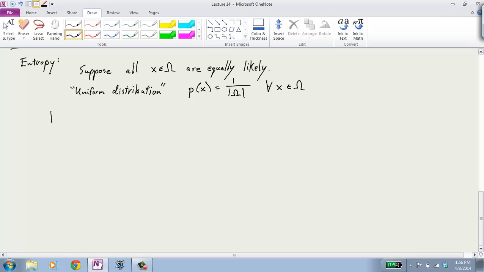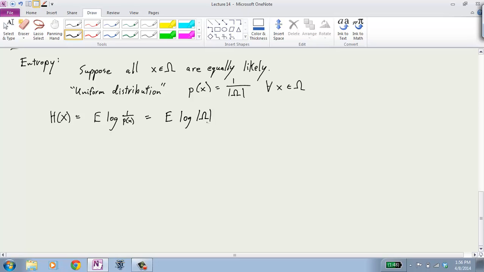And so the entropy of this is just going to be, remember, entropy is always the expected log of 1 over P of x. But P of x here doesn't even depend on x. It's just this constant value for every x, right? So that's just going to be the expected value of the log of the size of Omega.